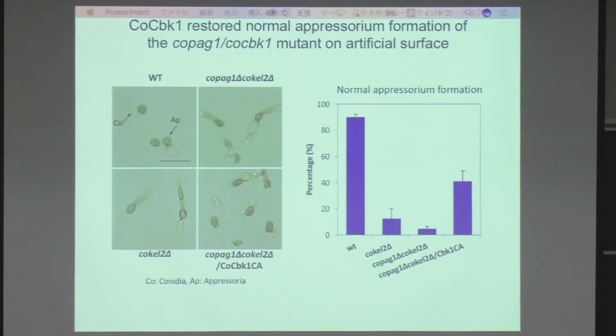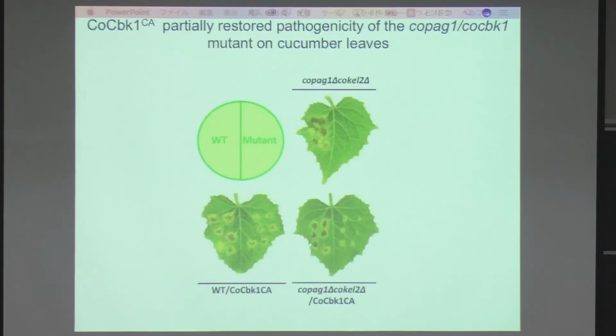So, as expected, the normal appressor formation was restored when the CBK1 constitutively active form was introduced into the double mutant. And furthermore, CBK1 CA partially restored the pathogenicity of the double mutant.